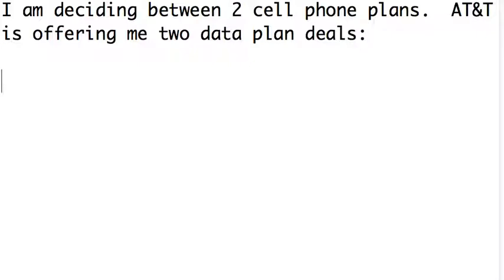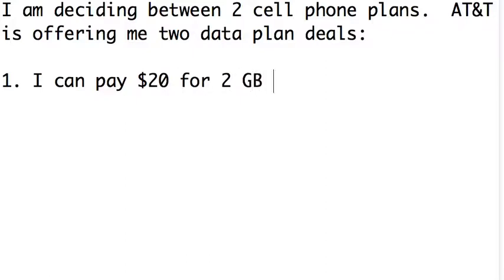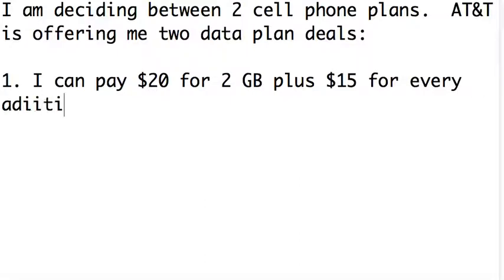So it tells me that one, I can pay, let's say $20 for 2 gigabytes of data plus, let's say, $15 for every additional gigabyte of data that I download or transmit.